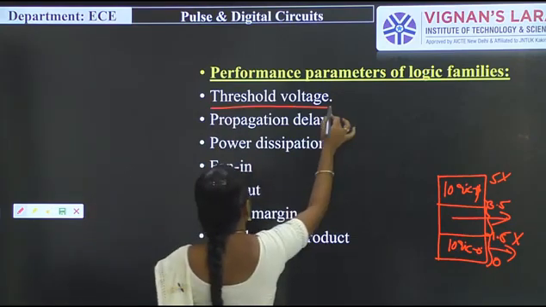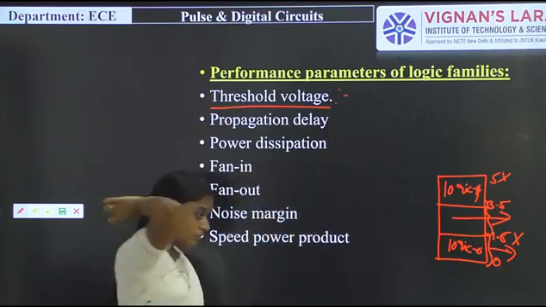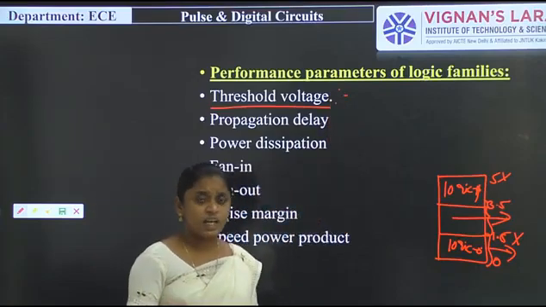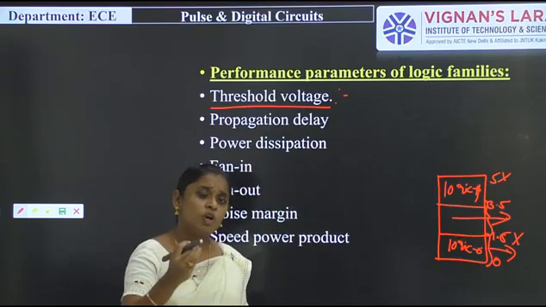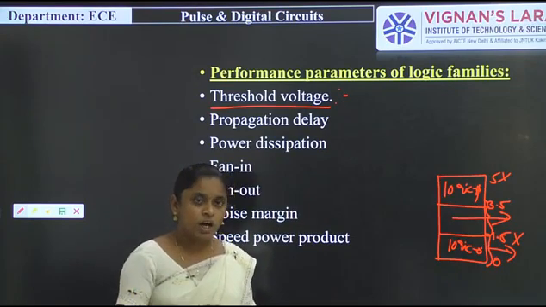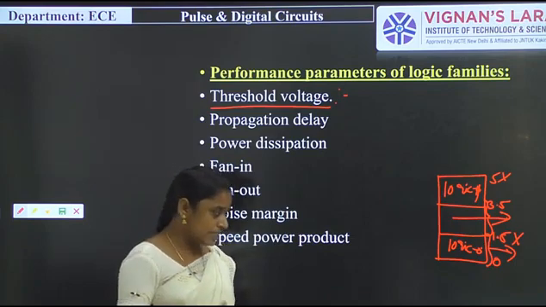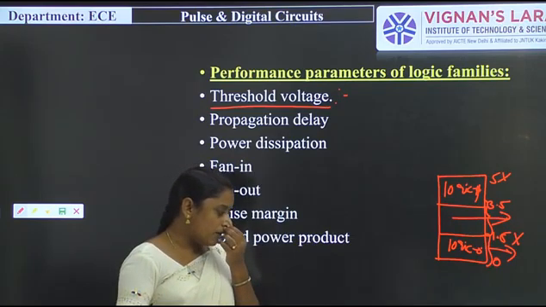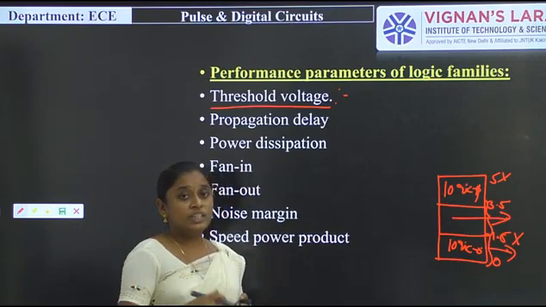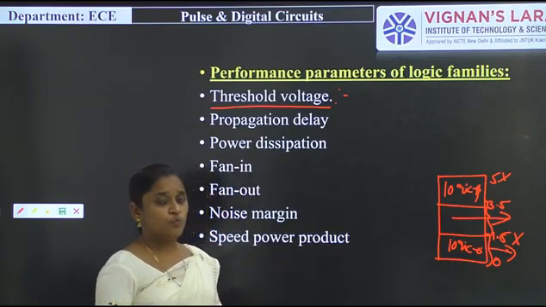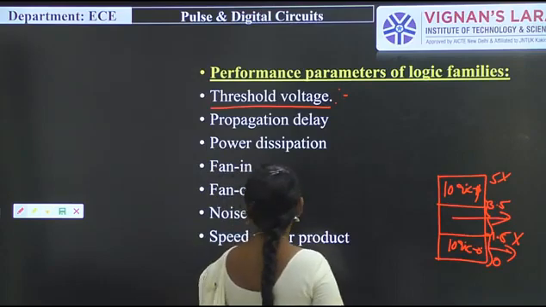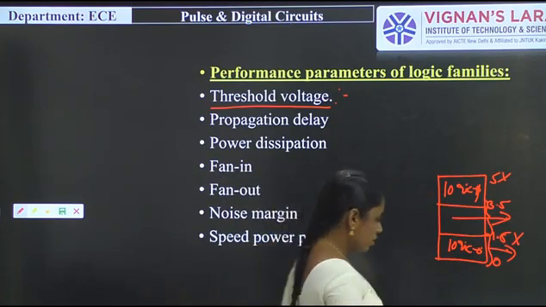So what is meant by threshold voltage? Simply, it is the maximum voltage applied to the input without changing the output condition. So without changing the output condition, what is the maximum we can apply?